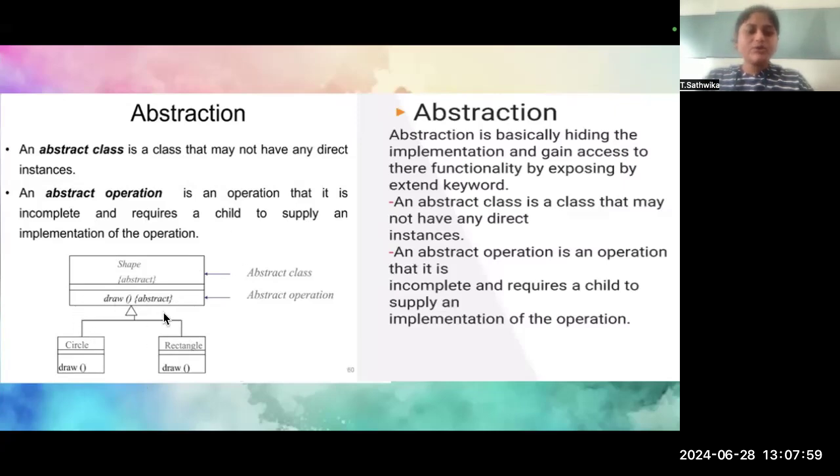Now we have to consider two objects, like circle and rectangle, which perform the abstract operation of draw. It is basically hiding the implementation and gaining access to the functionality by exposing it with the extend keyword. And as we have seen earlier, an abstract class may not have any direct instances, and an abstract operation is incomplete and always requires a child to supply an implementation of the operation.